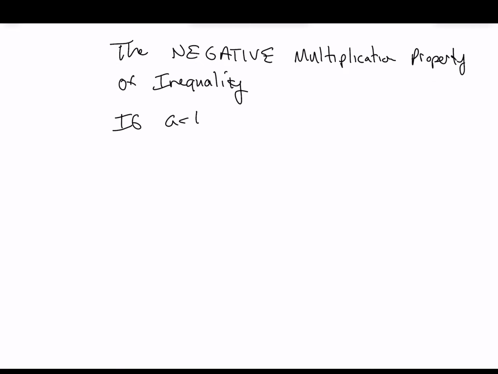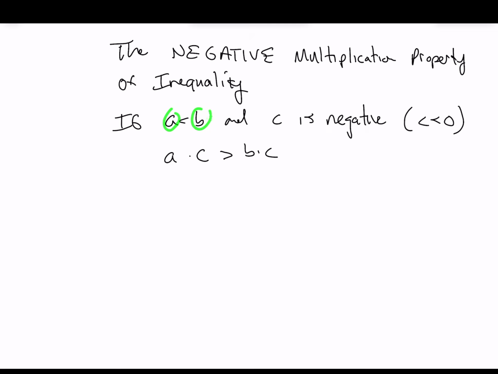So if we have that A is less than B and C is negative, that means C is less than 0, then what we have is that A times C is greater than B times C. So what happened there? If we have that A is less than B and C is negative, multiplying by a negative number changes this less than to a greater than. So if you multiply by a negative number on both sides of an inequality, the inequality symbol flips around.